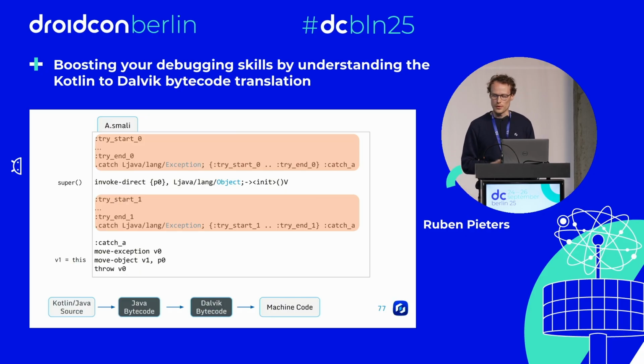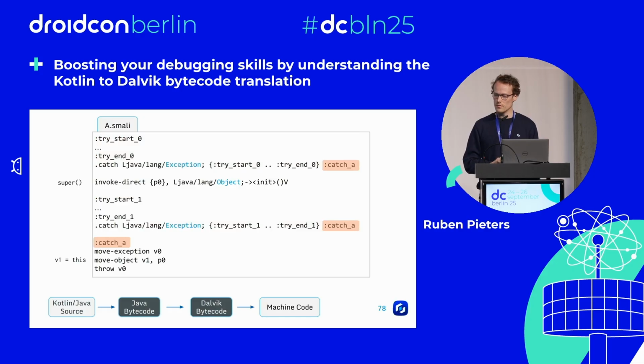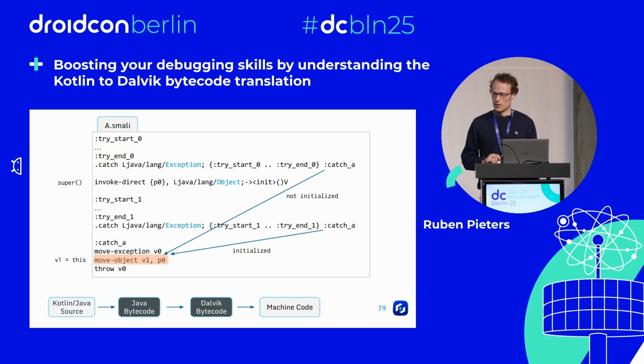What we have created with this bytecode is a situation where, in the section before we have invoked the supercall, we will be referencing an object that has not been initialized yet. An object that has been created but has not had its super constructor invoked is uninitialized, while in the catch handler after the supercall, the object has been initialized already.